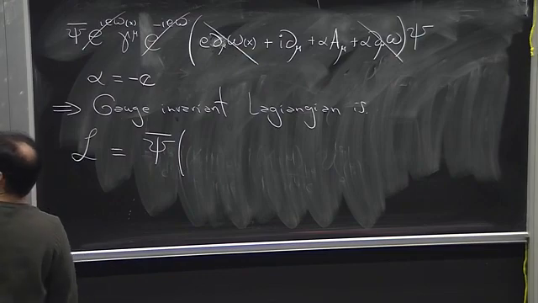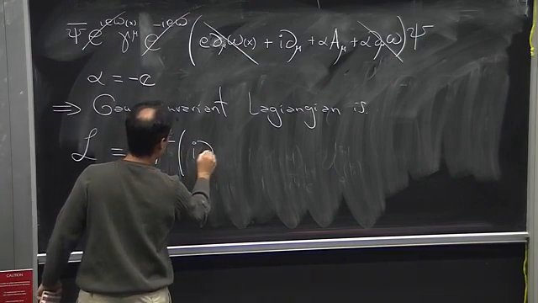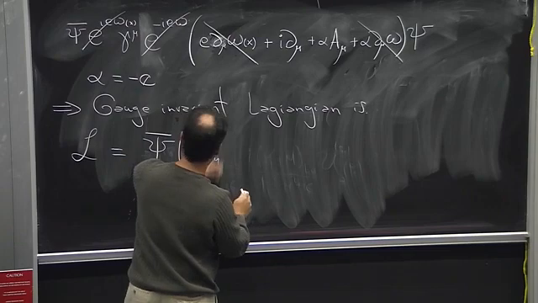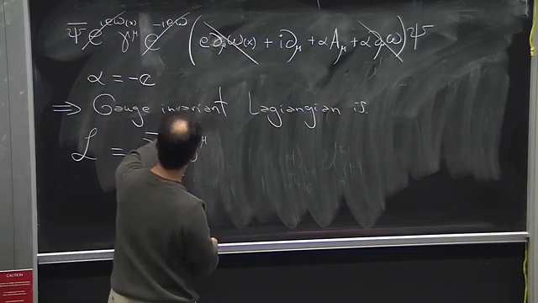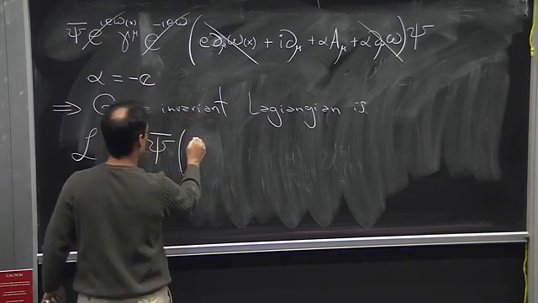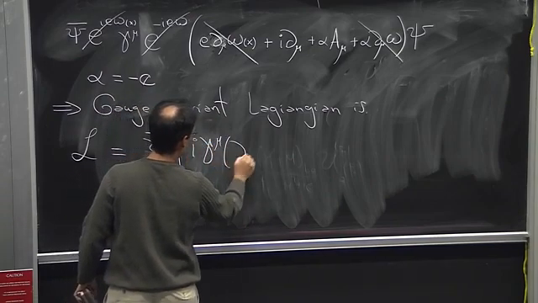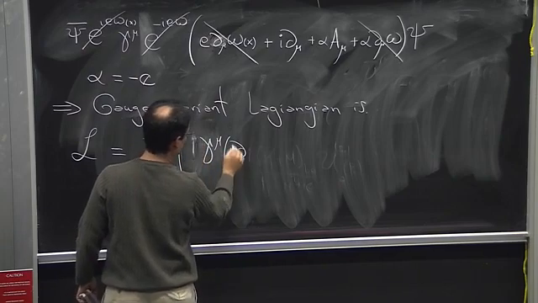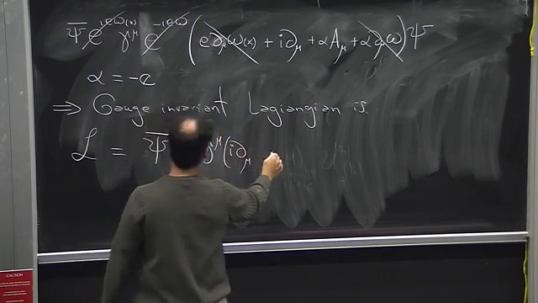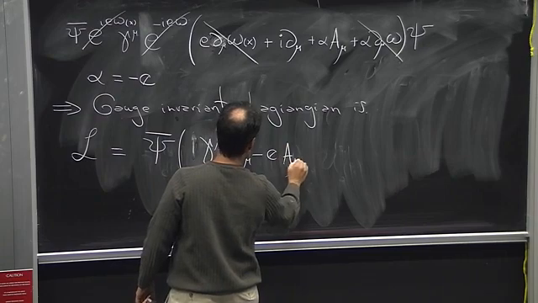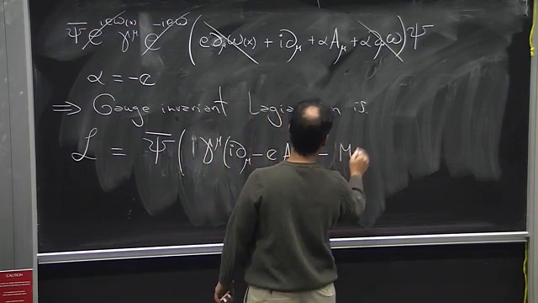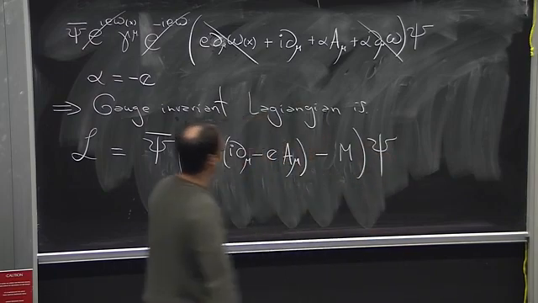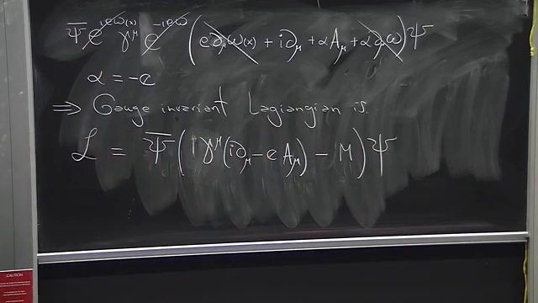So we have, yeah, let me put it here. Should I put the i inside or outside? I don't know. Minus e A mu. Of course, the trivial term. So this is gauge invariant.